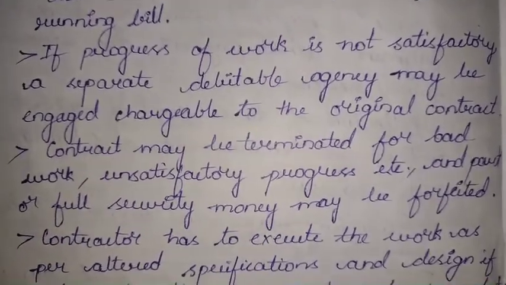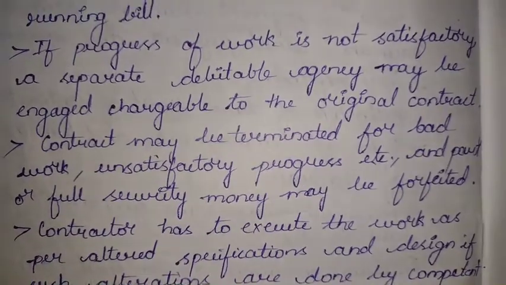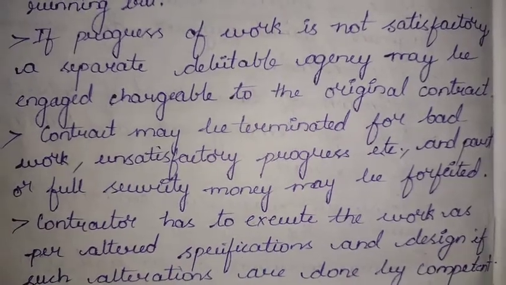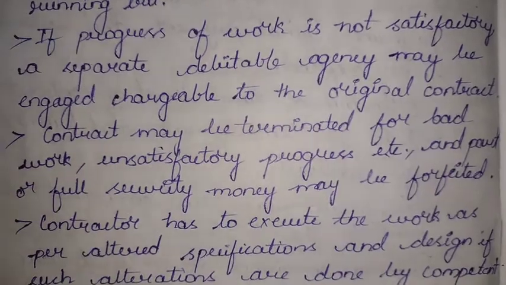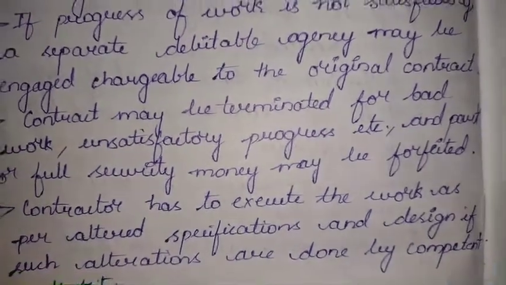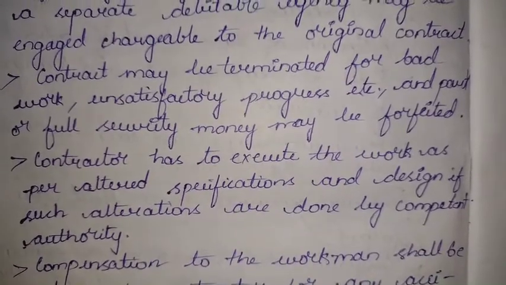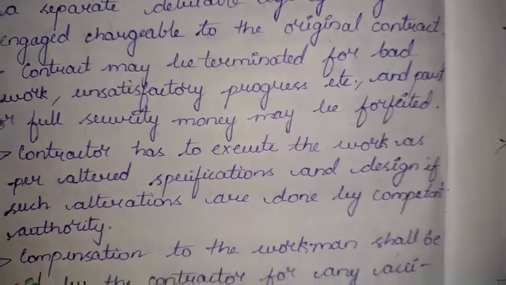Originally the contract was made for 50 lakhs, but if the progress has not been maintained, we have some debitable agency which will be charging for that also, which can increase the amount. Like initially it was 50 lakhs, it can now increase to 60 or 75 lakhs. The contract may be terminated for bad work, unsatisfactory progress, and part or fully security money may be forfeited.